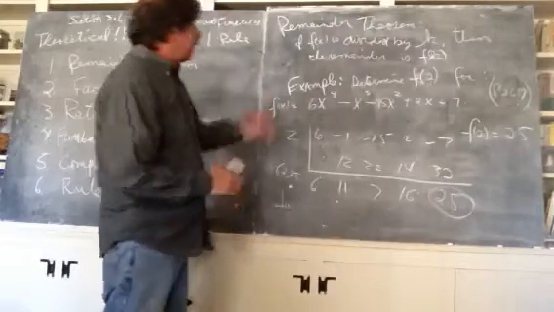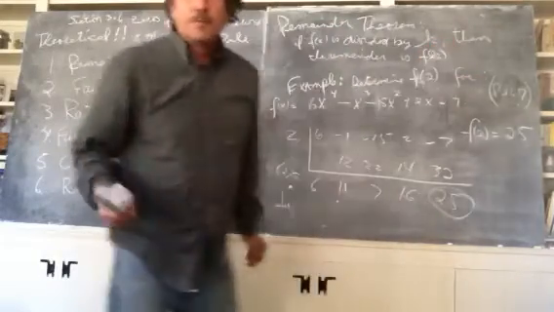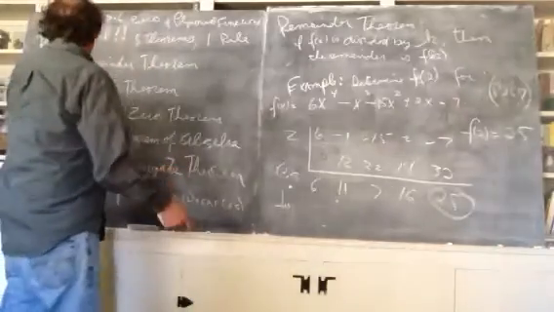Now what's going to happen is the factor theorem, and it's going to say, suppose the remainder is 0. Well then, it's a factor.